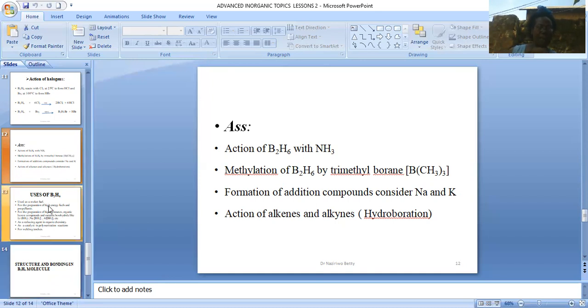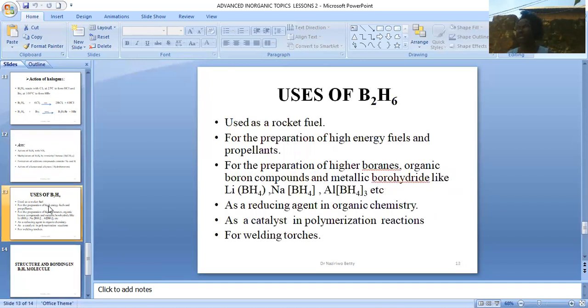Uses of diborane. It is used as a rocket fuel, for the preparation of high energy fuels and propellants. It can also be used for the preparation of higher boranes, organic boron compounds, and metallic borohydrides, like lithium borohydride, sodium borohydride, aluminum borohydride, and others.